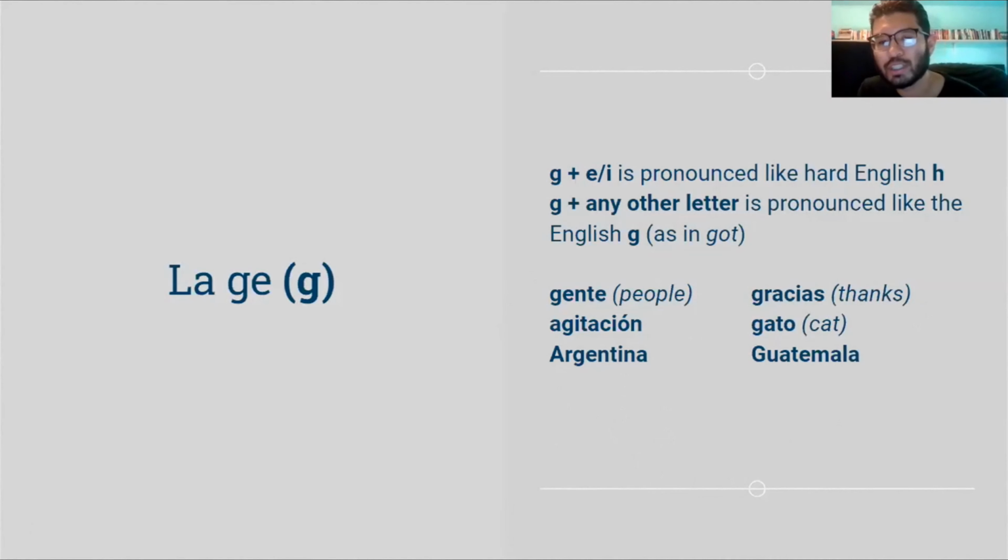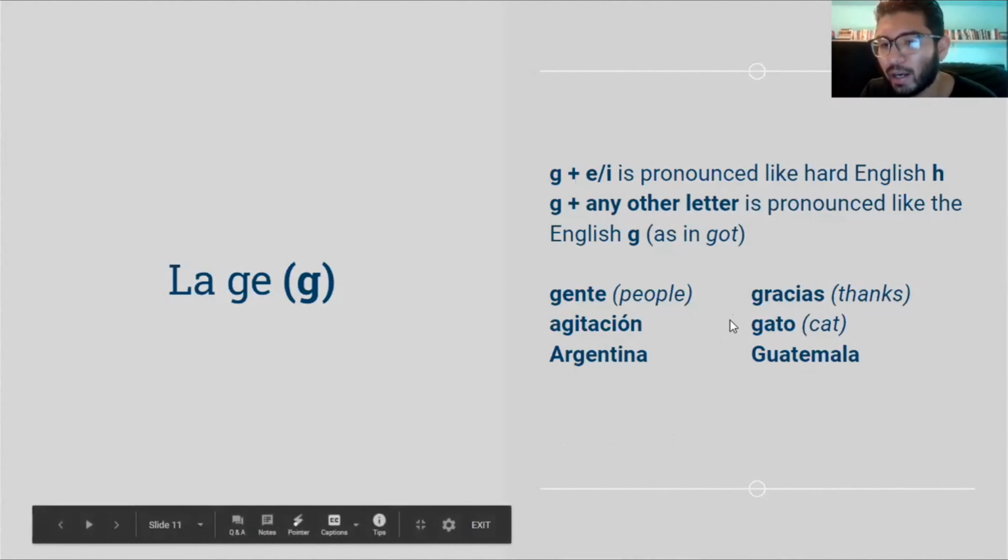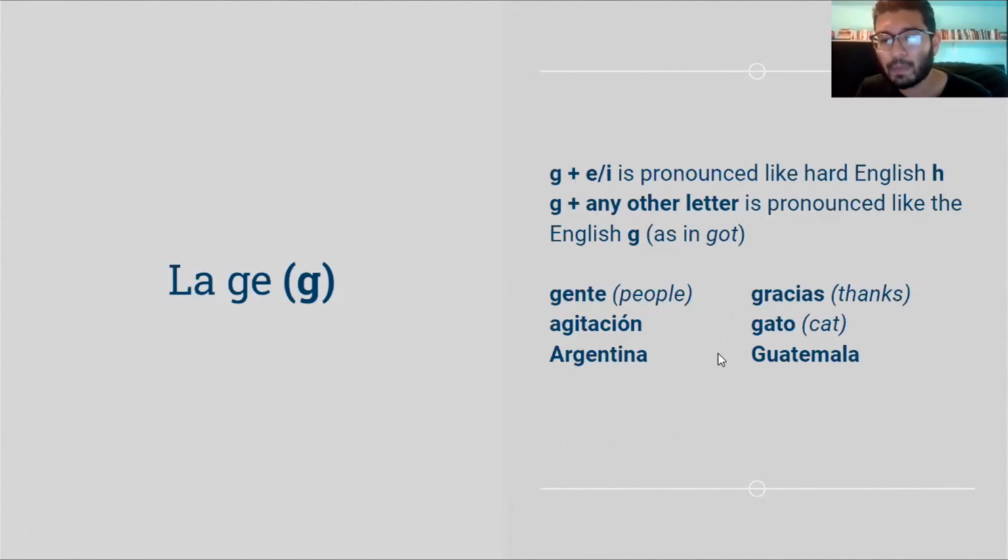But whenever the letter G is next to any other letter, that is, any letter that is not E or I, we pronounce it similar to the English G in a word like got. So a word like get has the same or a very similar sound to what we have in Spanish whenever the letter G is next to any letter that is not E or I. The examples here are gracias, which is thanks, gato, which is cat, and Guatemala.